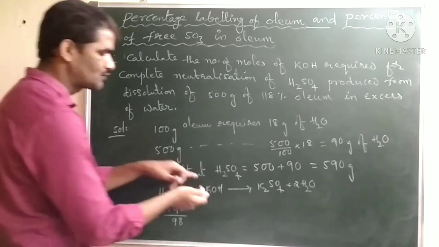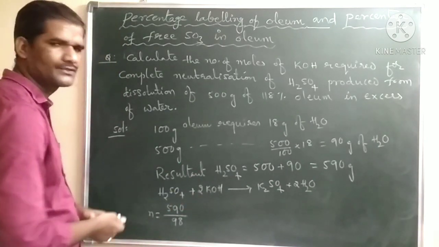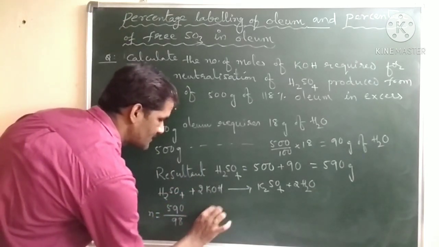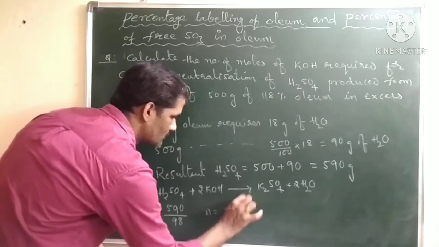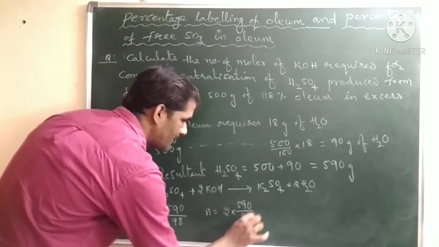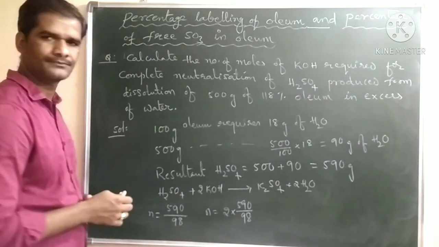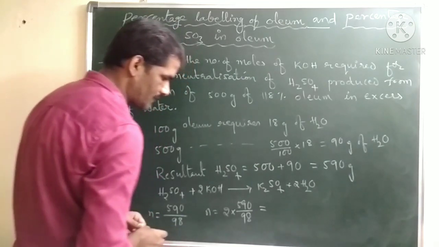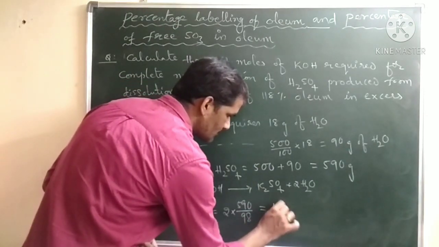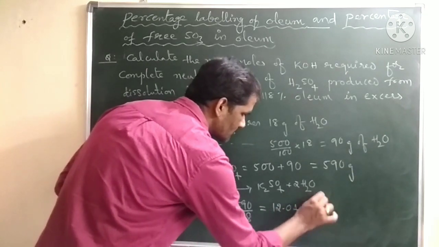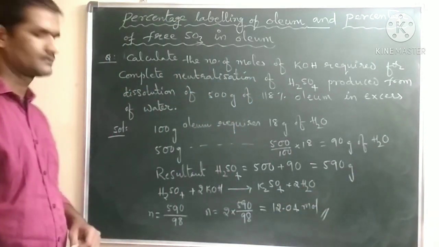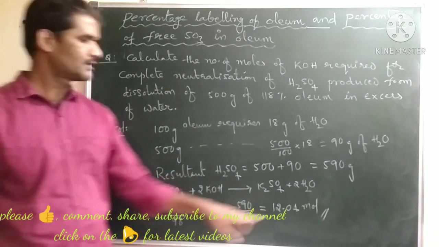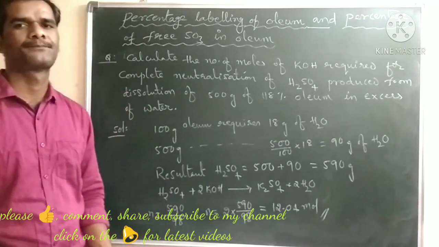So 1 mole requires 2 moles. Then this many moles of H2SO4 requires how many moles of KOH? So number of moles of KOH is 2 into 590 by 98. So that will give approximately 12.04 mole. So now we require 12.04 mole of potassium hydroxide to neutralize H2SO4.